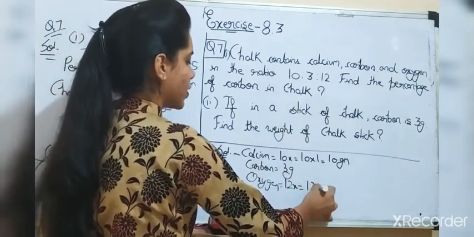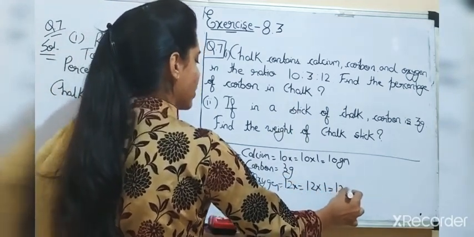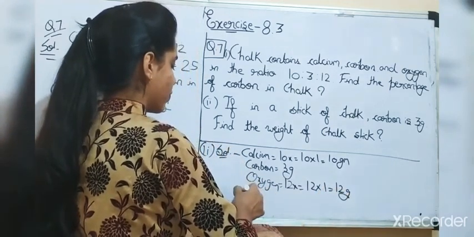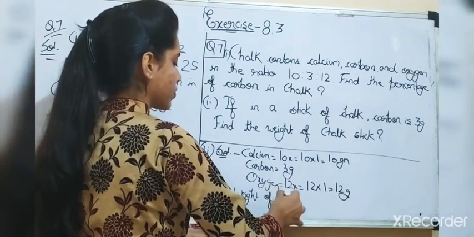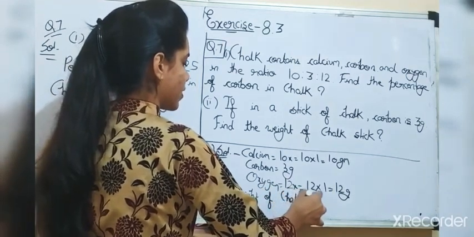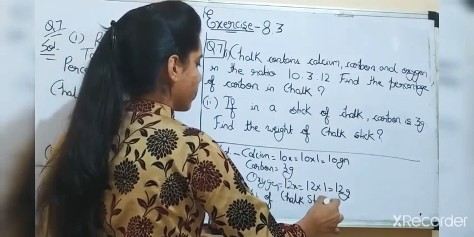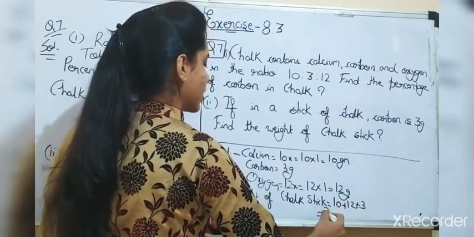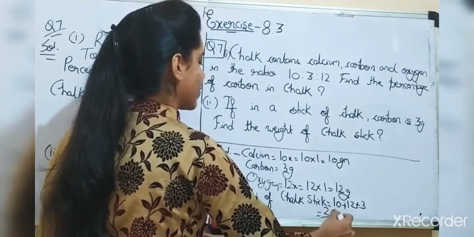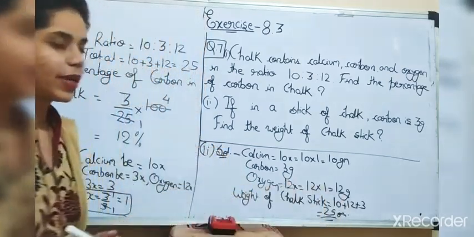So 12 into 1 will be equal to 12 gram. So the weight of chalk stick will be equal to 10 plus 12 plus 3. This will be equal to 25 gram. So the answer will be 25 gram.